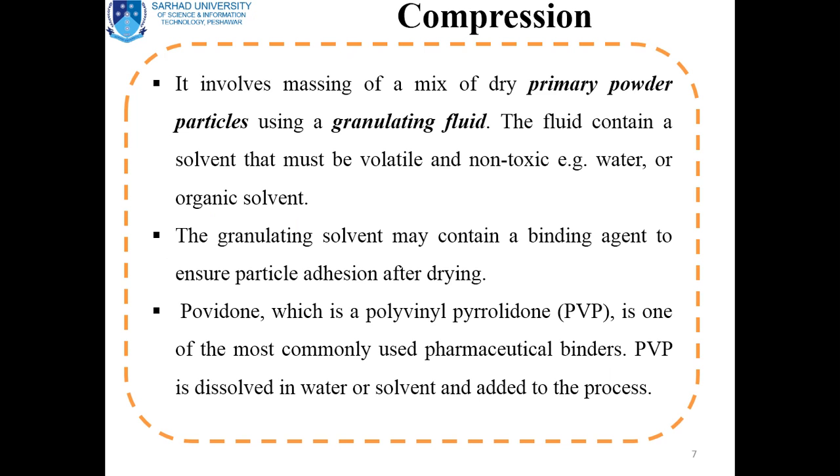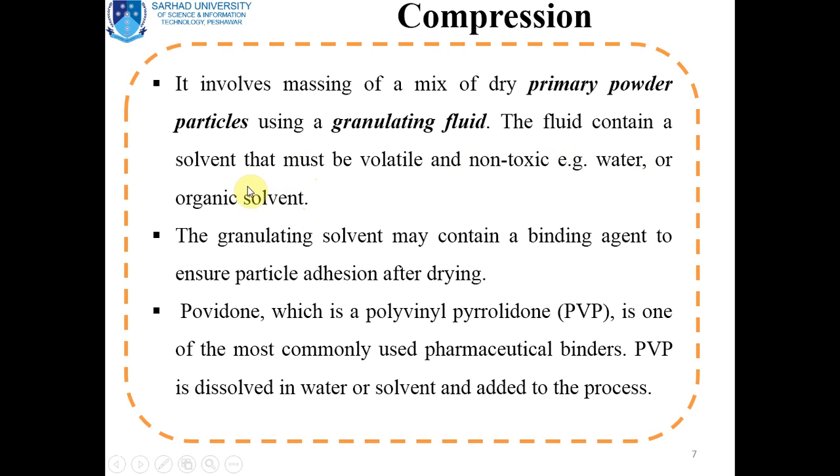The process of the wet granulation method involves the massing of a mix of dry primary powder particles using a granulating fluid. The fluid contains a solvent that must be volatile and non-toxic, for example water or an organic solvent.